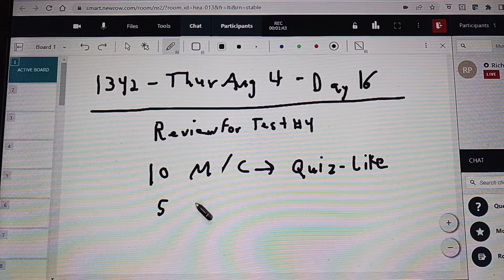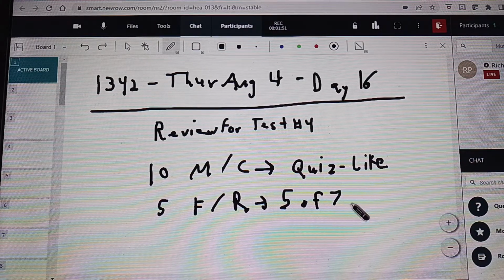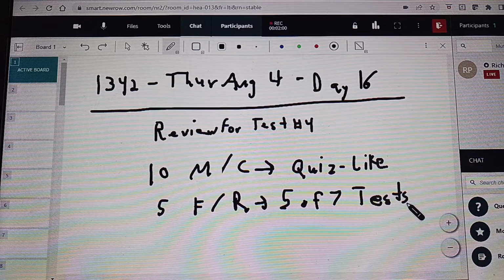The 5 free response, these are 5 of the 7 types of hypothesis tests. You got your z-test, your t-test, your 1-prop z-test, the 2-sample z, the 2-sample t, and the 2-prop z-test.